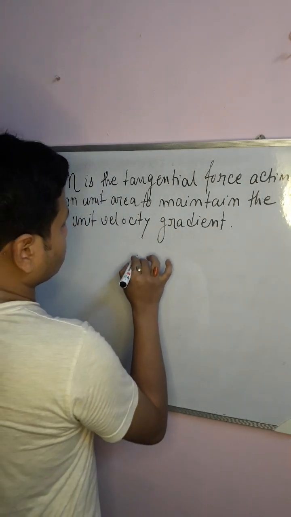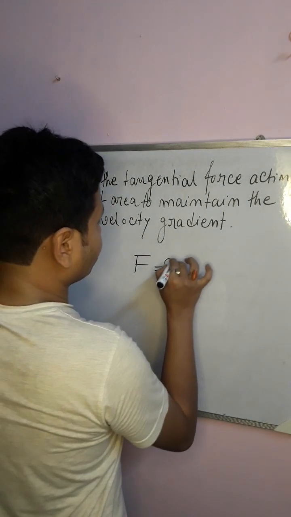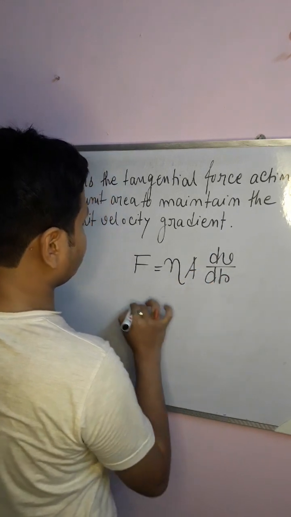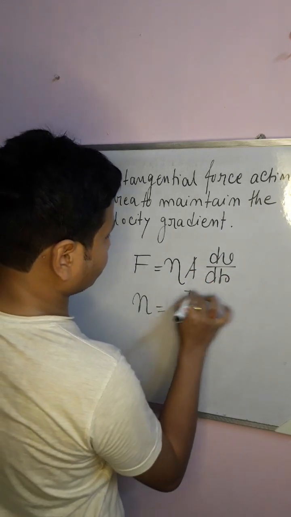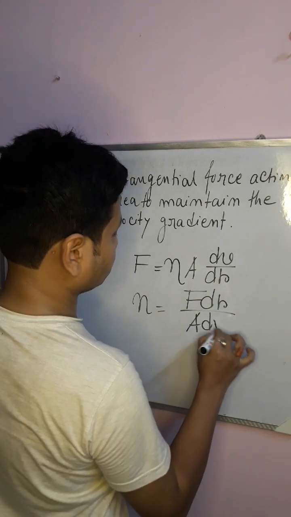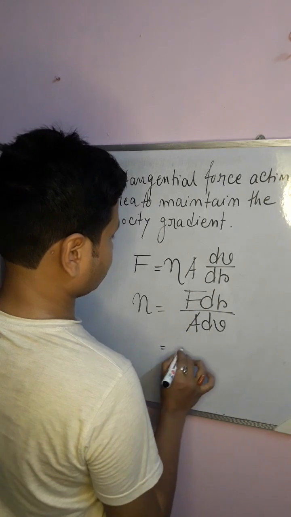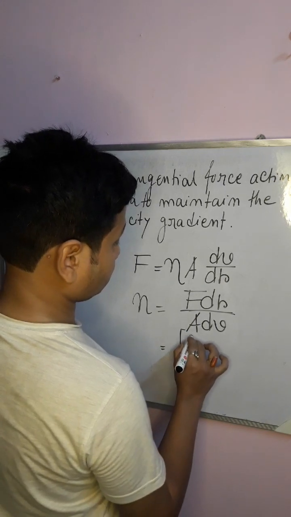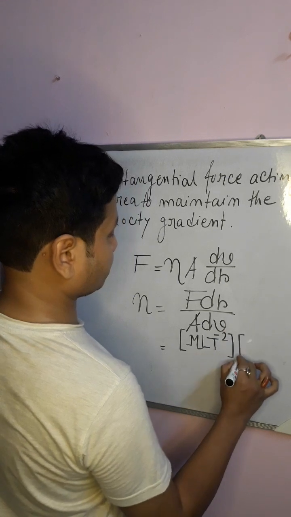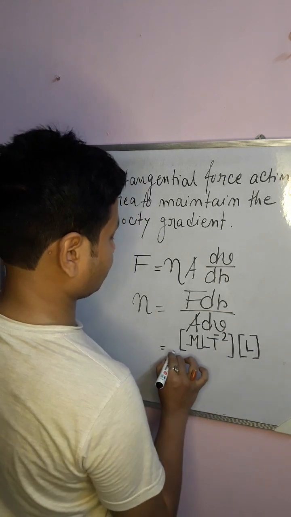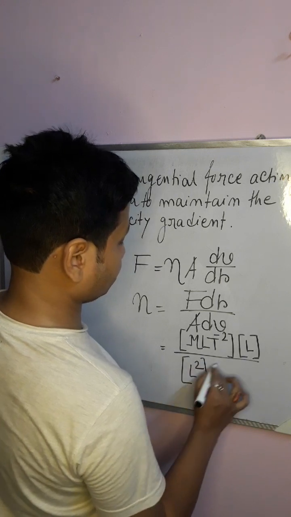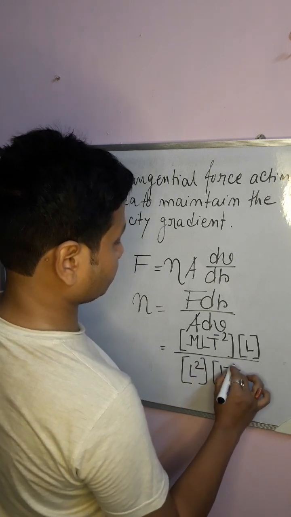Now we can write F equals eta into A into dv/dr, and we will be able to find the dimension of eta, that is F dr by A into dv. The dimension of force is MLT to the power minus 2, and the dimension of length is L. A is L square, and dv is LT to the power minus 1.